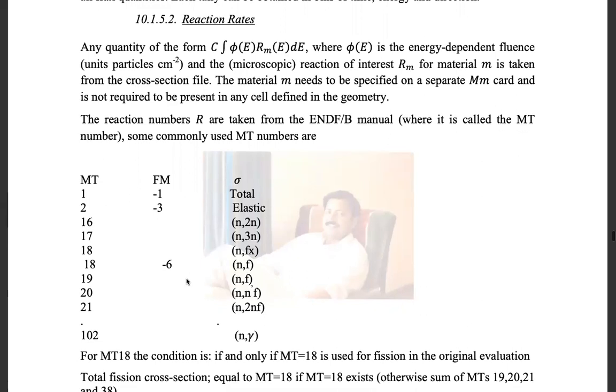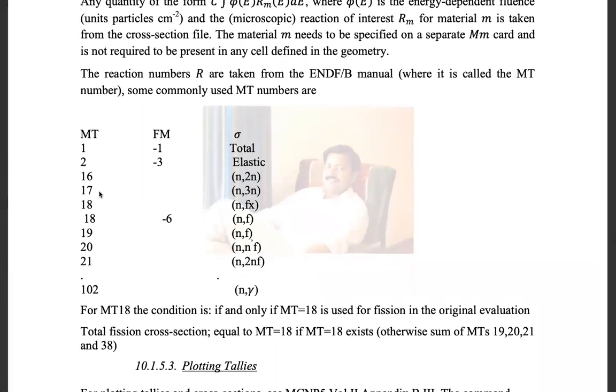So there are lots and lots of reaction numbers. As you can see, every reaction has an MT number, and you can multiply. I'll just tell you what the multiplier is. So if you want the total number of interactions, the MT number is 1. There's a long table for this. If you want to know how many elastic scatterings took place, the MT number is 2.